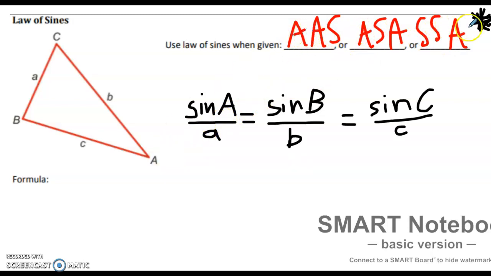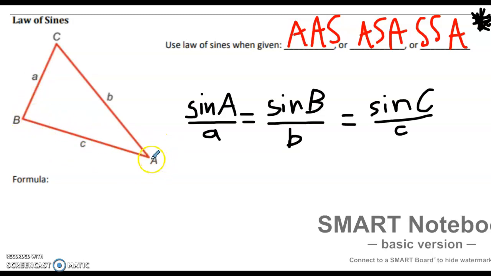And I know this looks like in Math 2 when you did triangle congruence, looking at angle side of one triangle and to the other, but we're just going to use those same letters and combinations for knowing when we can use the law of sines. And what this means is angle, angle, side means that we have 2 angles and a side, and the side is not between the 2 angles that we have.